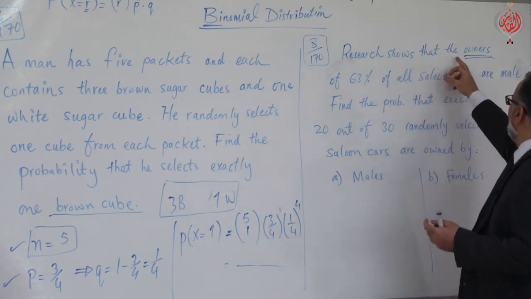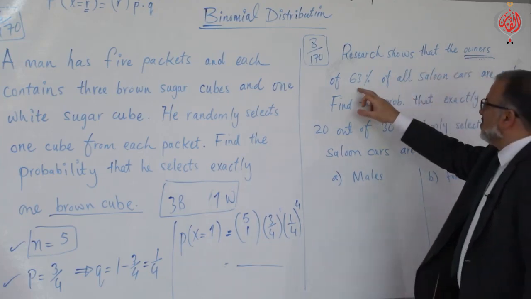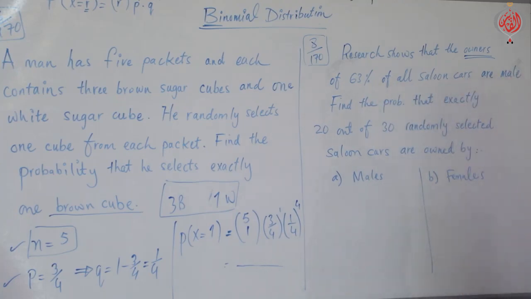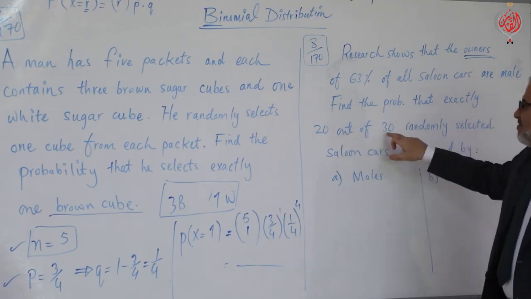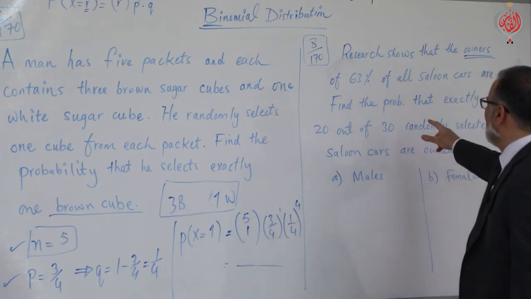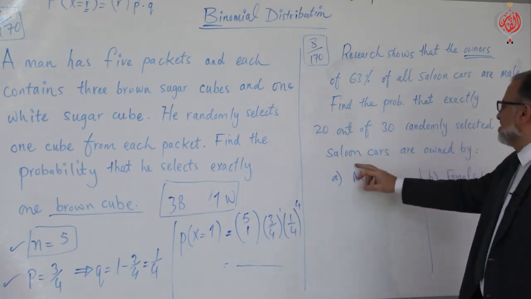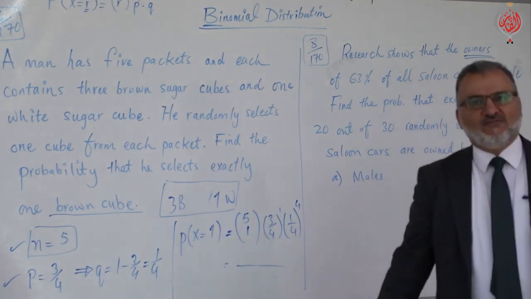The owners are a discrete random variable, number of persons, of 63% of all salon cars are male. Find the probability that exactly 20 out of 30 randomly selected salon cars are owned by males. Let's start with the first question A.